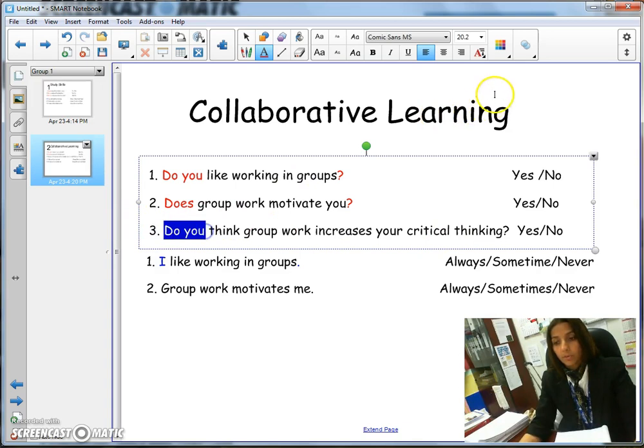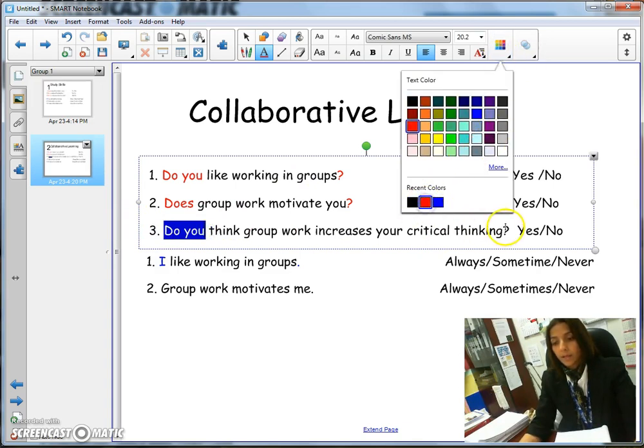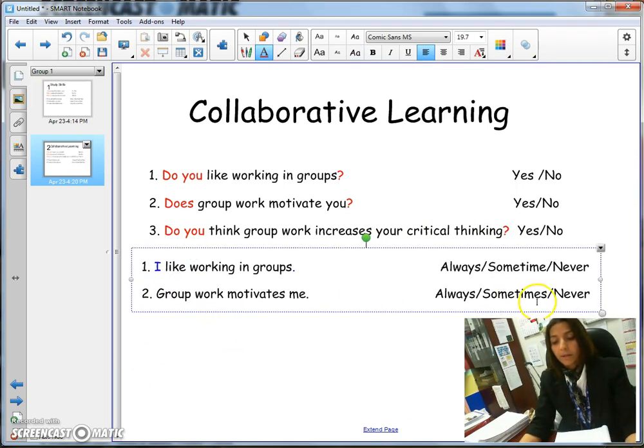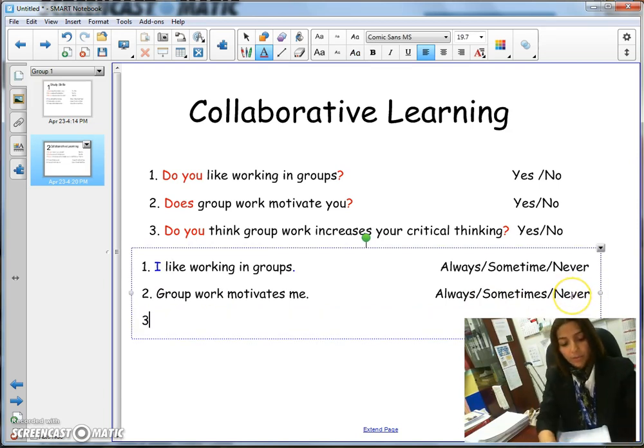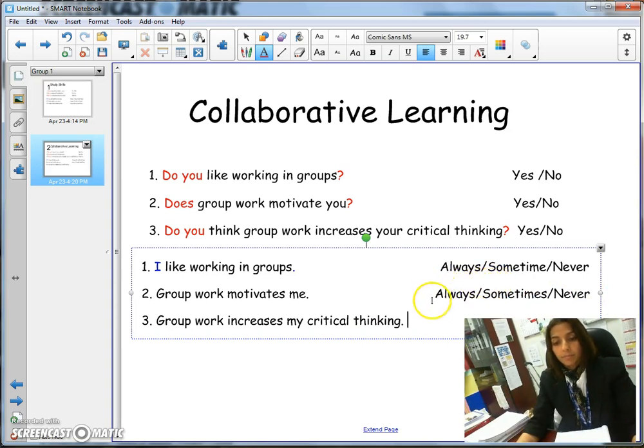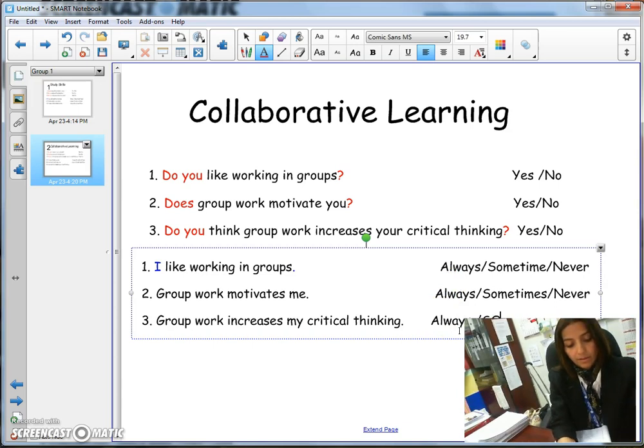So you have "do you" and you have the question mark. So if I had to put the same item in the 3-point scale, how would I put it? I would just say, group work increases my critical thinking, right? And I will just have the same response as always, sometimes, and never.